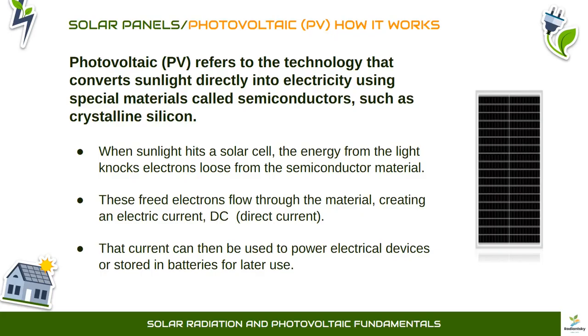So what you need to understand about a solar panel is that it's made up of materials that have semiconductor properties, and that the current a solar panel produces is direct current, DC, which can be used to charge a battery, be stored in a battery, or power DC electrical devices. This is basically what happens in the process of solar panel technology, photovoltaic technology.